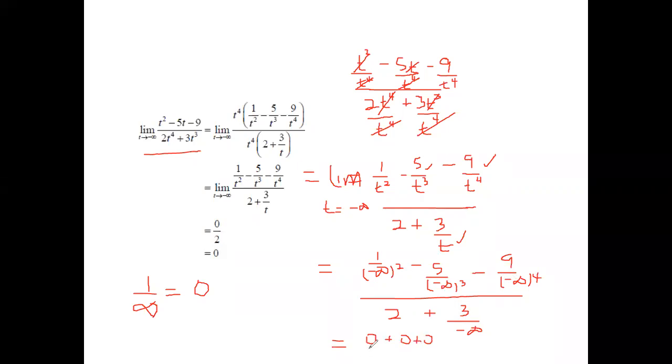Then in our denominator, 2 plus 3 divided by infinity is also what? 0. So the final answer is going to be 0 divided by what? 2. And 0 divided by 2 is equal to 0. So hence, the limit of the function is equal to 0.